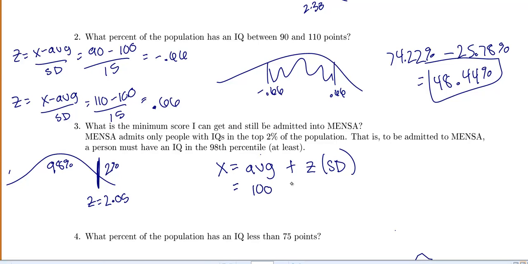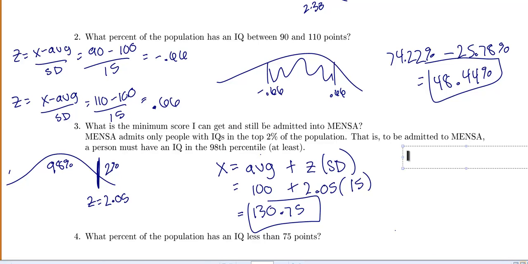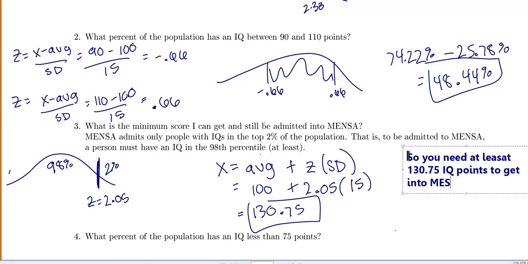So x is going to be 100 plus 2.05 times our standard deviation of 15, which is 130.75. So you need at least 130.75 IQ points to get into Mensa.